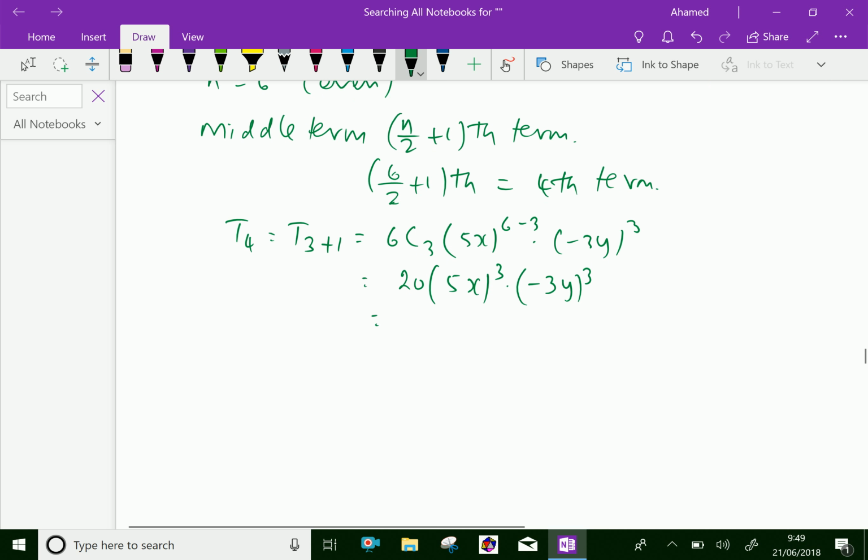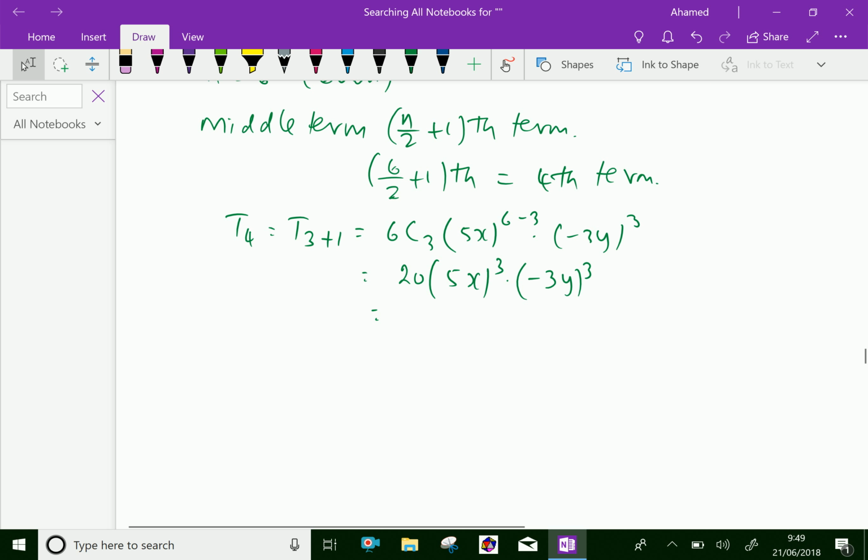Here 5 power 3 is 125, so 20 into 125 x power 3, into, with minus in front, 3 cube is 27 y cube.